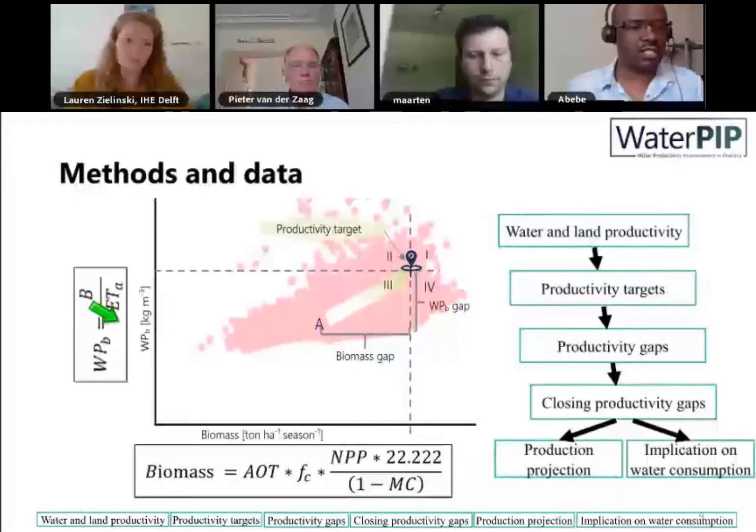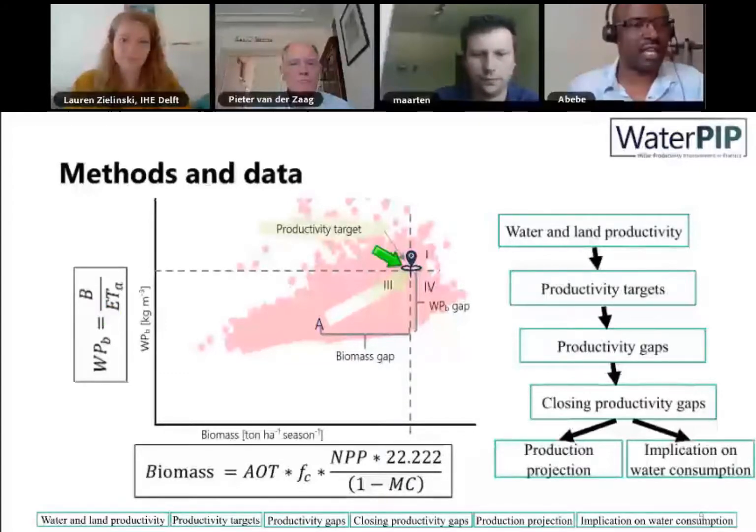From this, can we set a target? Definitely we can, and in this case we defined it as the 95th percentile of both productivities, biomass as well as water productivity. And then where the two lines cross is the productivity target.